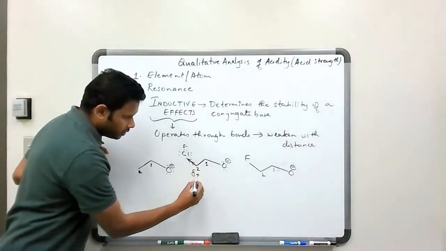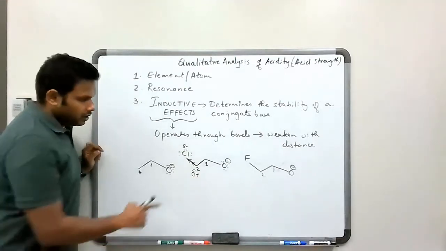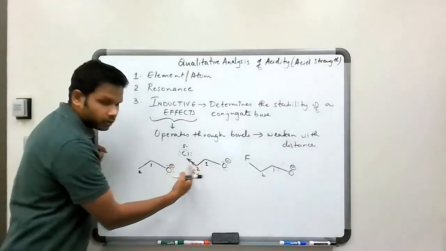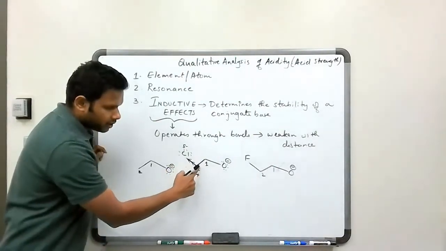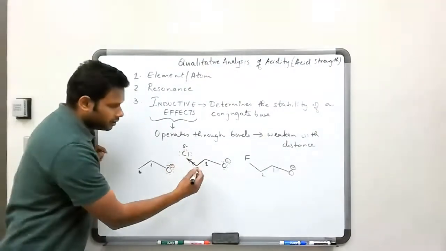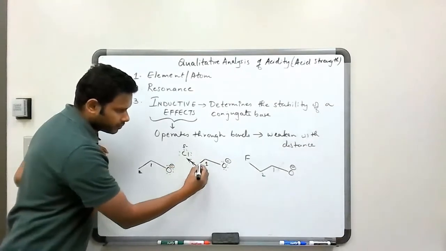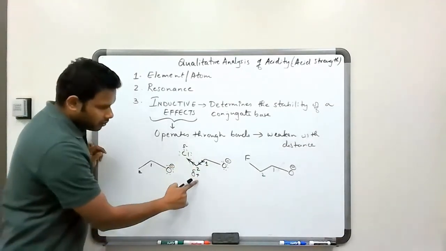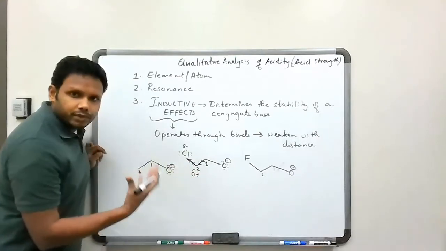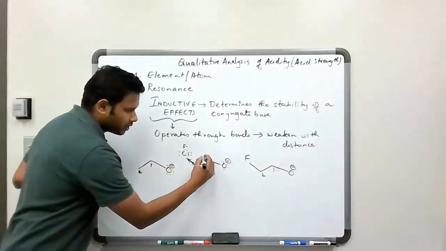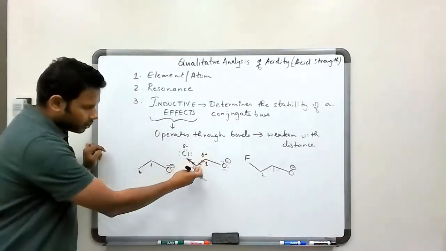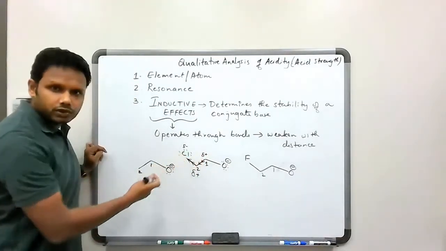Let me draw a big partial positive here. Now this carbon, in turn, is going to pull electron density from the other bond it has to the other carbon. So if this carbon has a big partial positive, carbon 1 is going to have a smaller partial positive, because electron density is being pulled towards that chlorine atom.